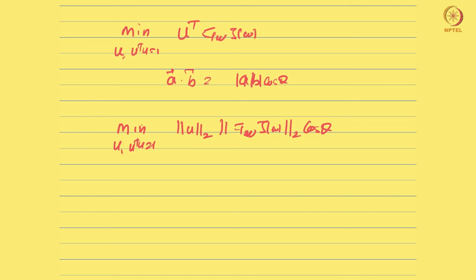In this case, theta is the angle between u and the gradient of J. And of course we know this is a unit vector, so we can set this to be 1. Since this expression is independent of u, we are left with pretty much cosine theta. Which means we are pretty much writing something like minimum with respect to u of cosine theta. Okay.